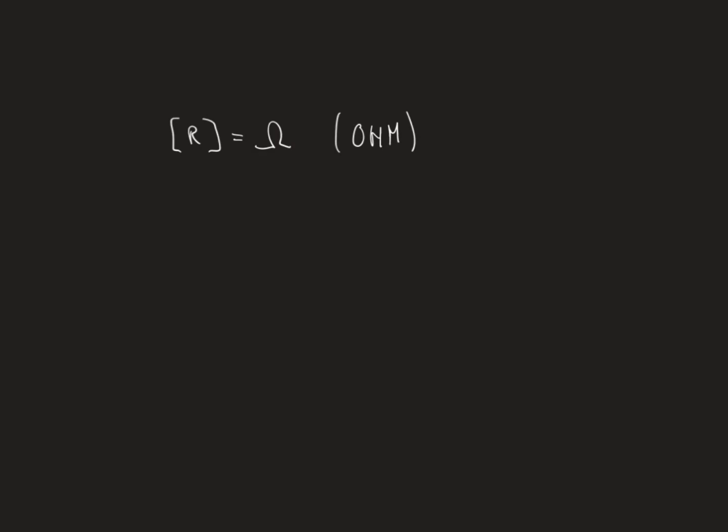Typical values of resistances in an electronic circuit go from the ohm to the kilo ohm, which is 10 to the third ohm. The prefix K stands for kilo, to 1 mega ohm, which is 10 to the 6th ohm.